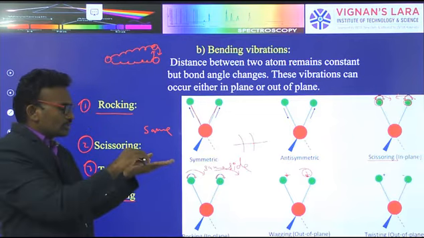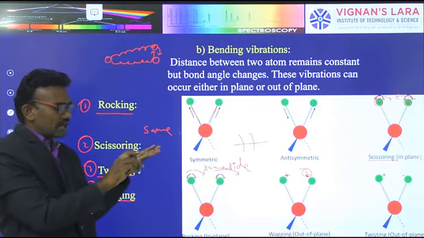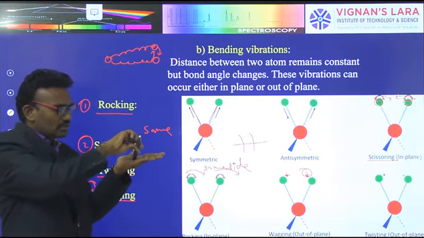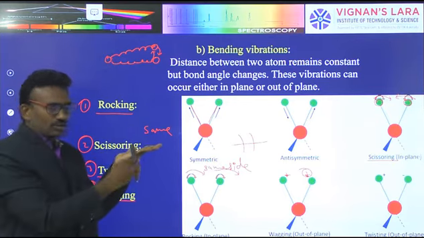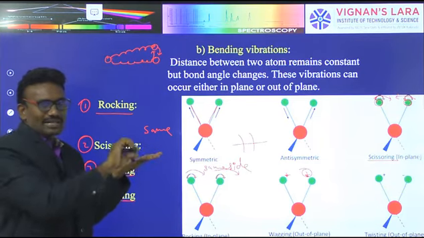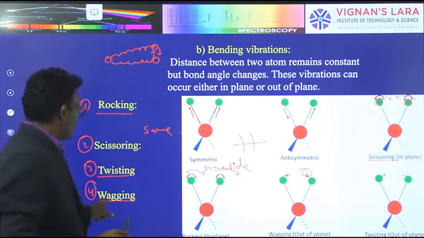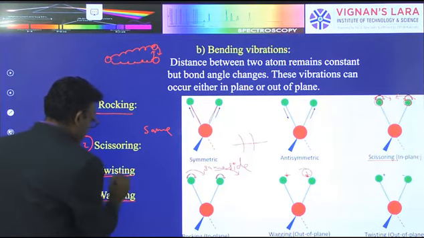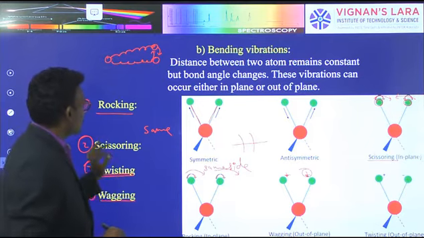When the molecules cannot bend to the same side, one is on the plane and one is below the plane, with opposite vibrations, that is called twisting bending.